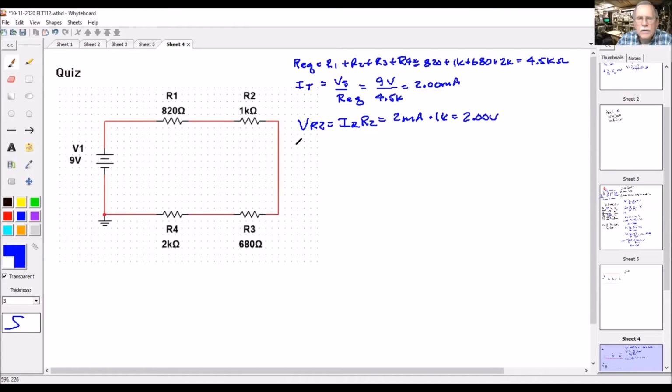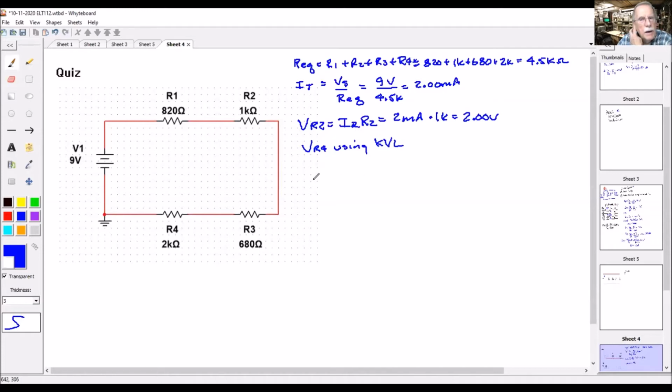And then calculate VR4 using KVL. I really didn't mean to do that. That was not what I wanted, but I wrote what I wrote. So using KVL.